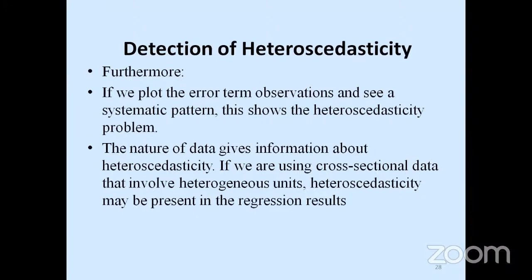Error terms can be plotted if someone has used the EViews software. The error terms will be generated, and if you plot them, we can see the systematic patterns. The nature of the data also gives information about heteroscedasticity. If we are using cross-sectional data that involves heterogeneous units, heteroscedasticity may be present in the regression results.